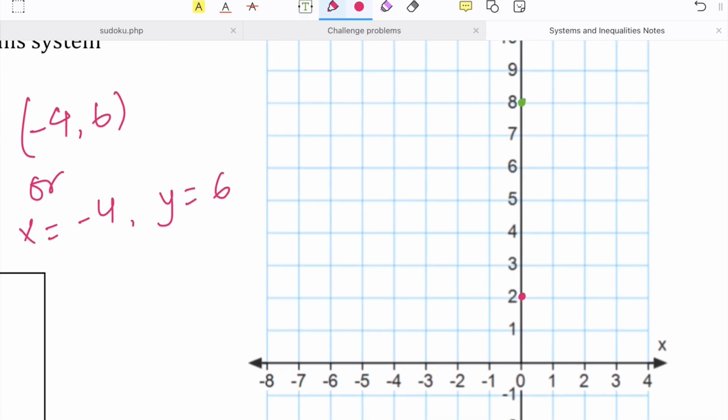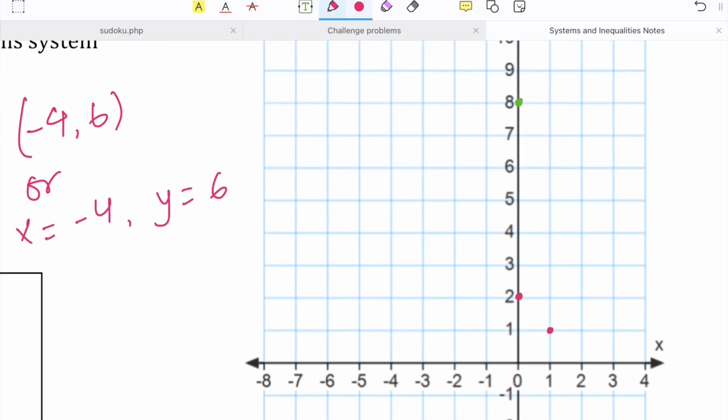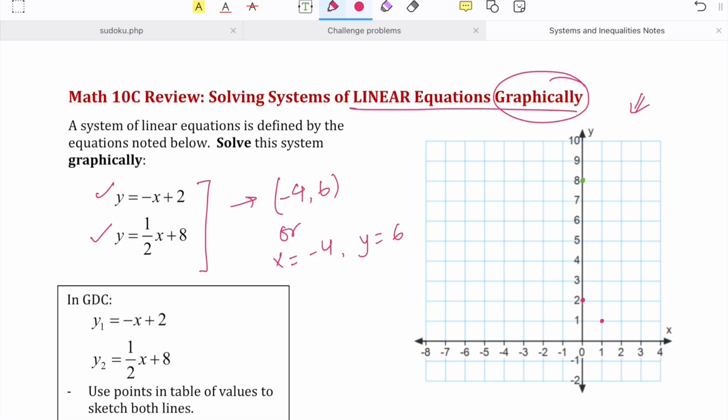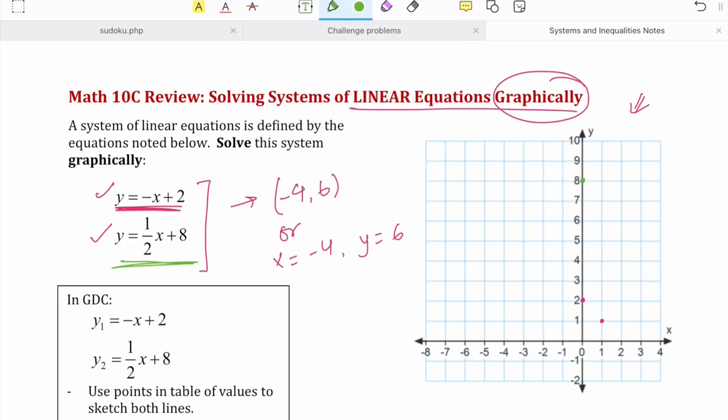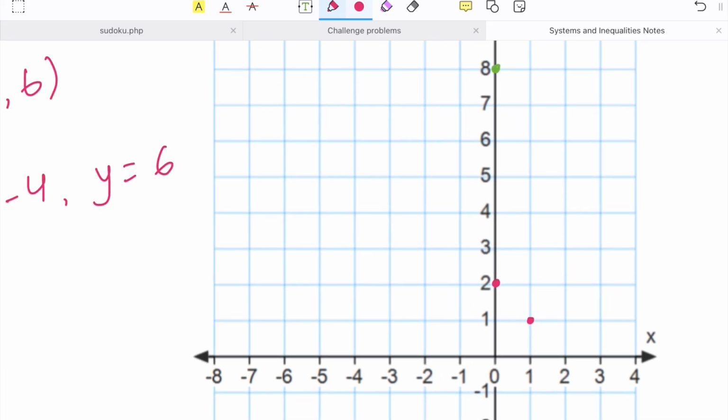So one of the points is 1, 1 in the pink one over here. This is our pink, and this one is our green graph. Okay, so another point is 2, 0. Then we have 1, 3, 2, negative 2, 4.